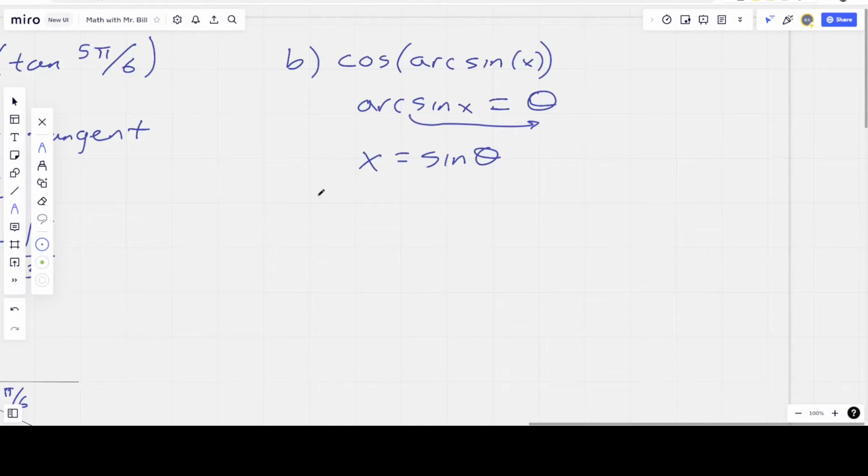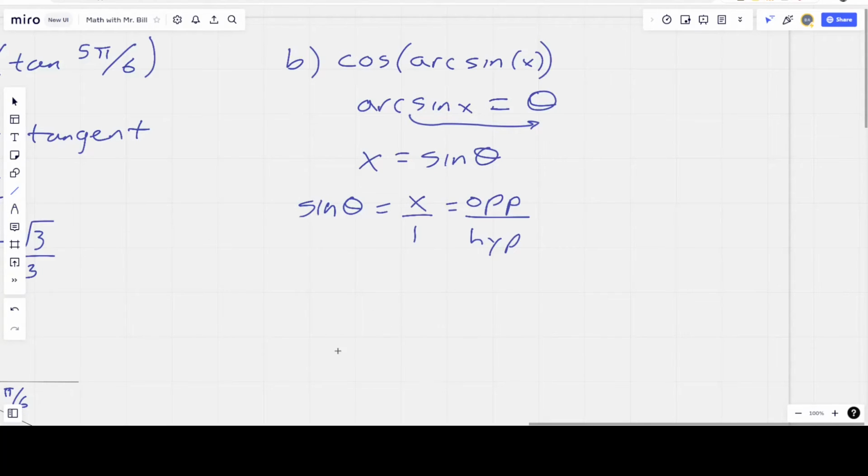Okay, so now we've got something that we can deal with here. So here's the trick. Here's the thing that you've got to know going into a problem like this. Sine of theta equaling x is actually equal to x over 1. And I want to write it like that because I know it's coming up next, but because sine in a right triangle is the ratio of the opposite side of theta over the hypotenuse of the triangle.